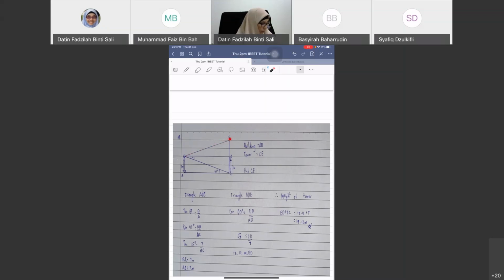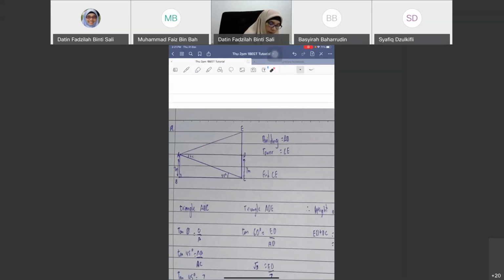Okay, so if we read this question carefully, actually what the question says is that the angle of elevation from here to here is 60 degrees. So label this: this is 60 degrees here. The angle of elevation from the top of the building to the top of the cable tower.